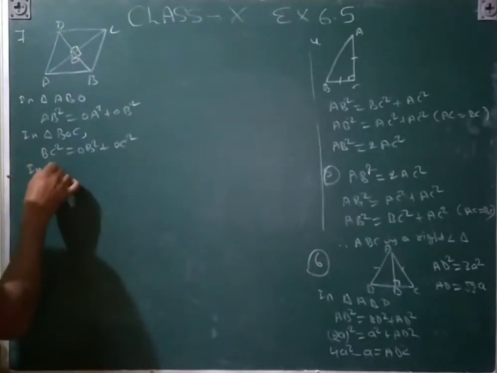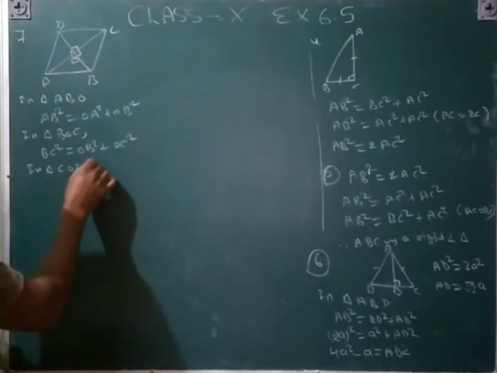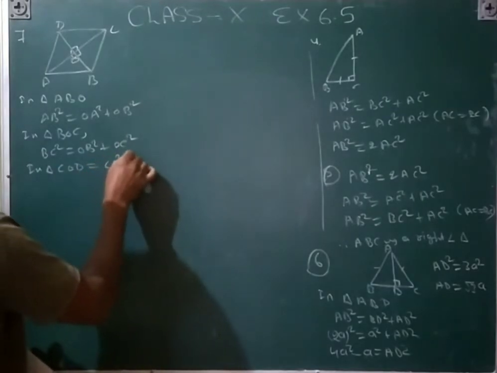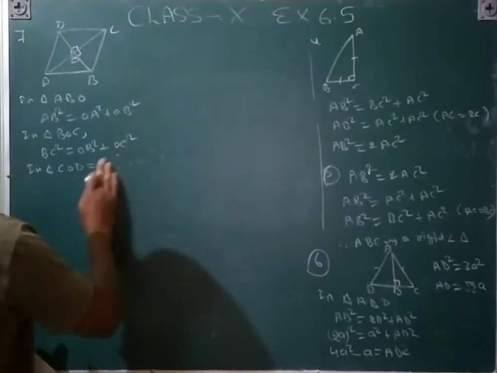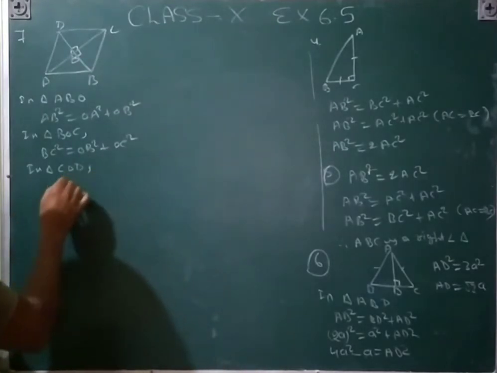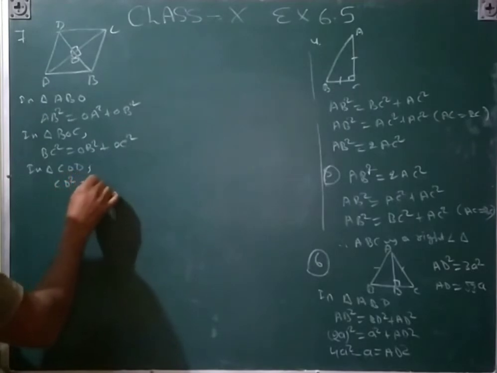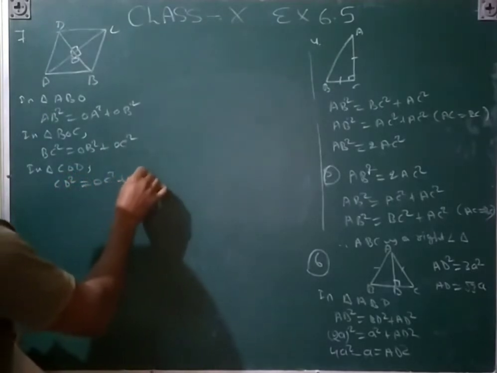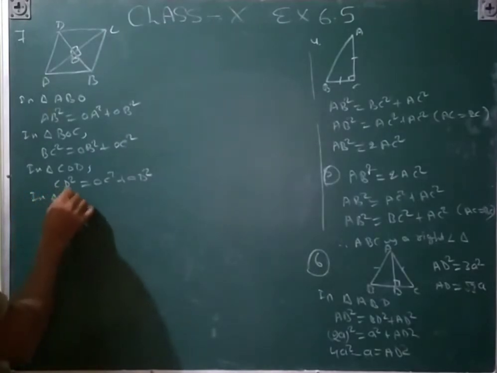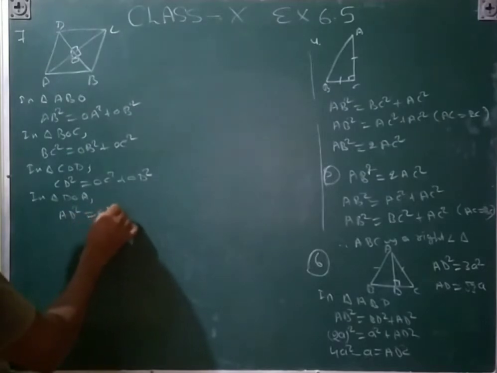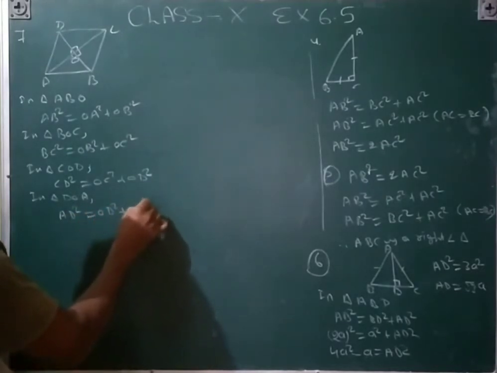Now in triangle COD, CD square is equal to OC square plus OD square. Now in triangle DOA, AD square is equal to OD square plus OA square.